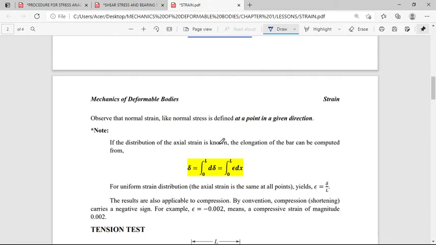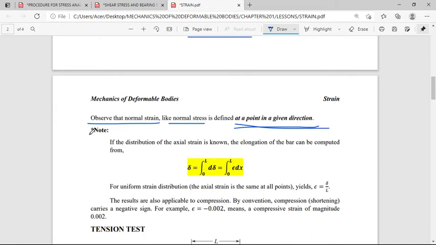Observe nyo na yung normal strain is like normal stress. A normal stress is defined at a point in a given direction. Parang stress, only at a given direction lang siya.